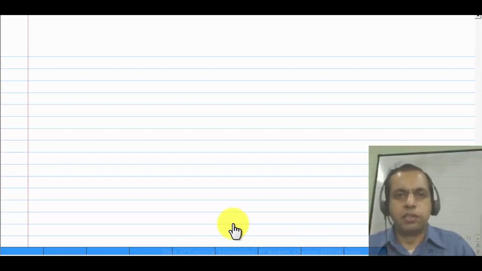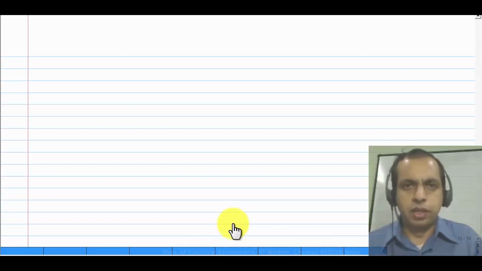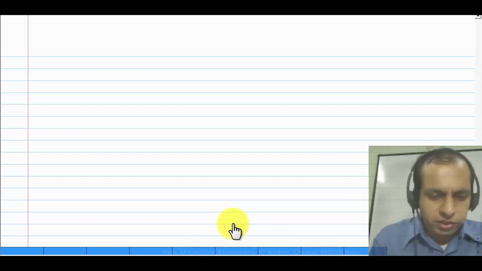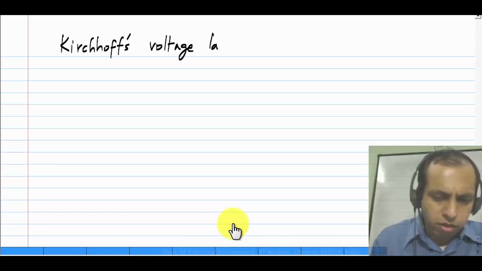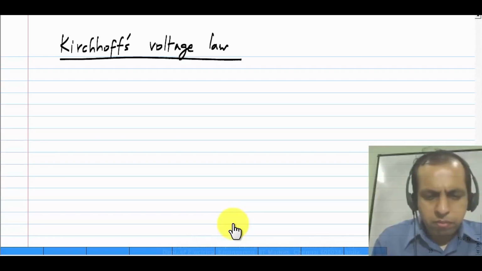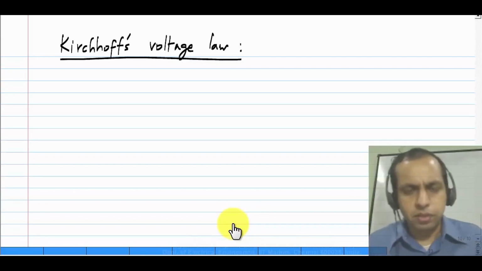Now, just like this Kirchhoff's current law, which is a general property of currents, we have a general property of voltages around a loop, and that is given by Kirchhoff's voltage law.